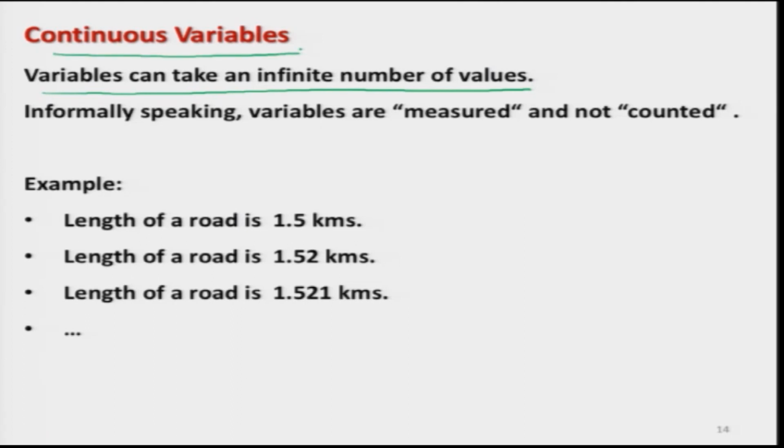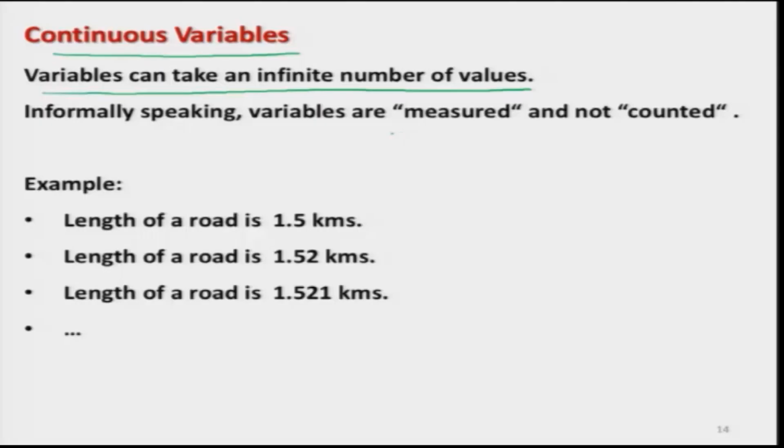So, basically there are 2 categories, discrete variable and continuous variable. In a discrete variable the values are counted, and in the continuous variable case the number of values a variable can take can be infinite. And in simple words, informally I can say that the values are measured and they are not counted. That is very important to note.